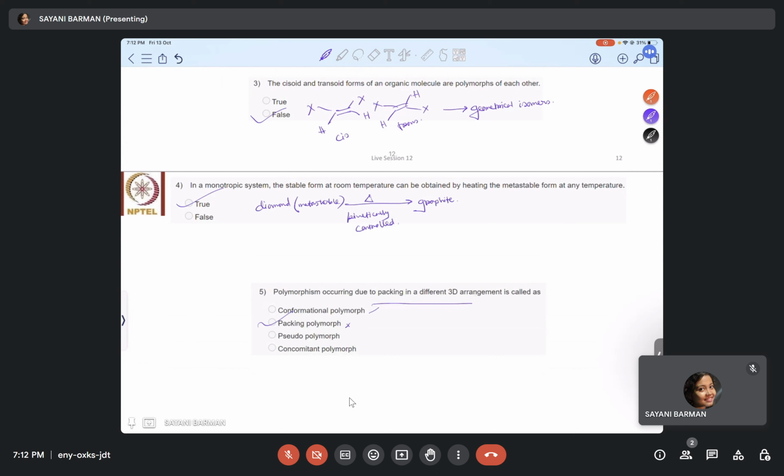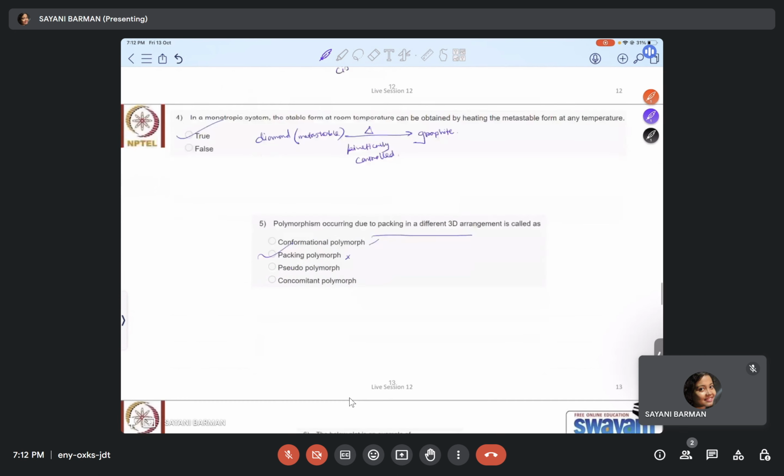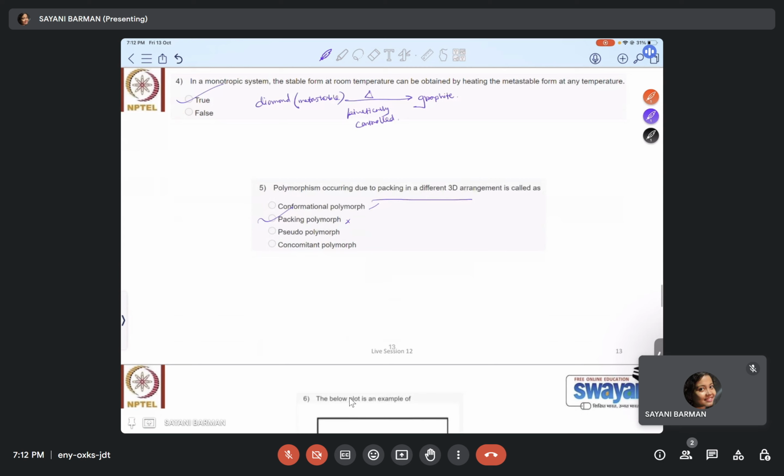The next one is the concomitant polymorphs, when two or more crystalline forms grow in the same crystallization setup under the same conditions. Those are called concomitant polymorphs. So the answer to this question will be packing polymorph.